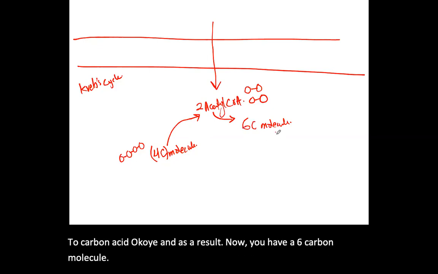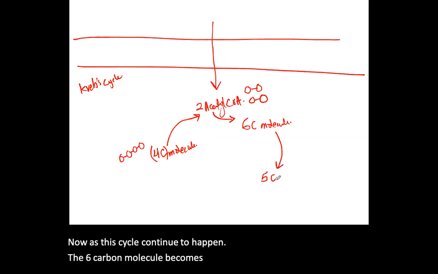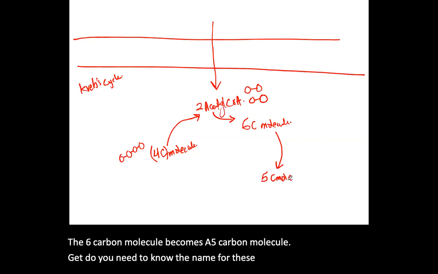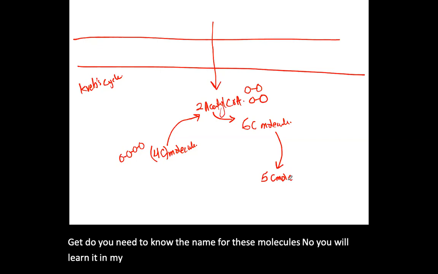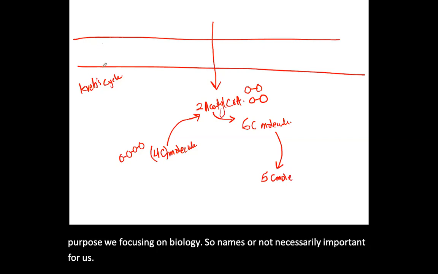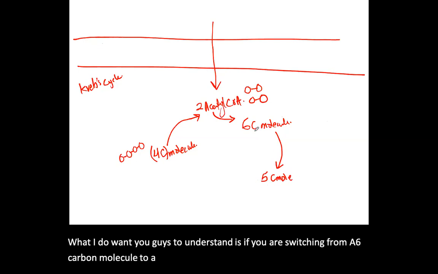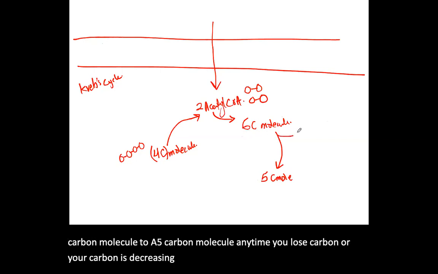Now, as this cycle continues to happen, the 6 carbon molecule becomes a 5 carbon molecule. Again, do you need to know the names of these molecules? No. You will learn them in microbiology, and you may learn them if you take biochemistry, but for our purpose we're focusing on biology, so names are not necessarily important. What I do want you to understand is that anytime you lose carbon, or your carbon is decreasing, it's coming out as CO2.